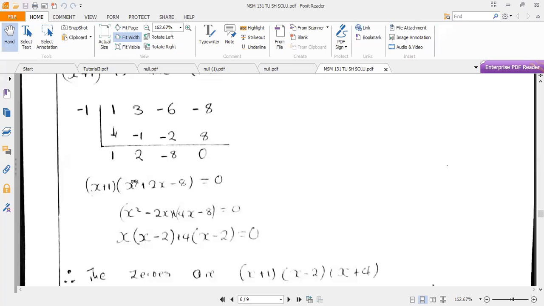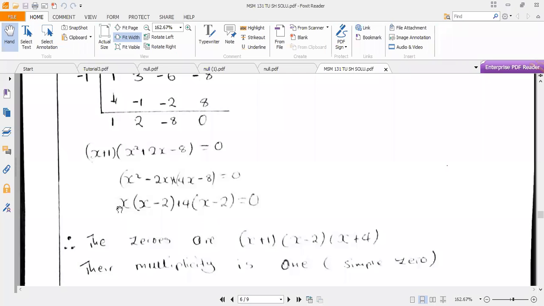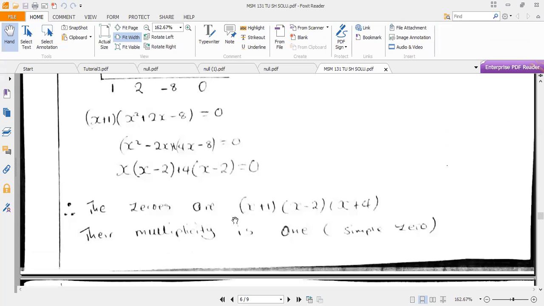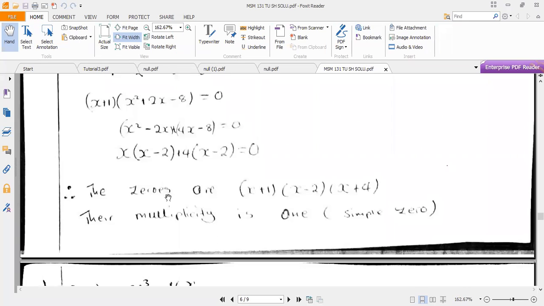Negative 2 plus 4 gives you positive 2. So you have x squared minus 2x plus 4x minus 8 is equal to 0. Factor out x, you remain with x minus 2. Factor out 4, you remain with x minus 2. So you have x plus 4 and x minus 2. So we'll say the zeros are x plus 1, x minus 2, and x plus 4.